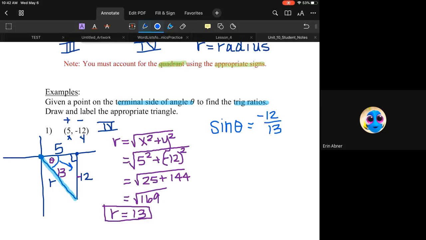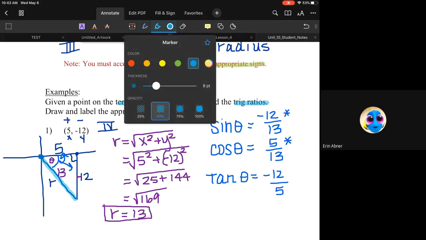Then cosine of theta is going to be equal to my adjacent. I'm going to turn that corner, look at my neighbor, over my hypotenuse. Then for my tangent of theta, I want my opposite over my adjacent, negative 12 over 5. Now I'm done because that's what they asked me for.